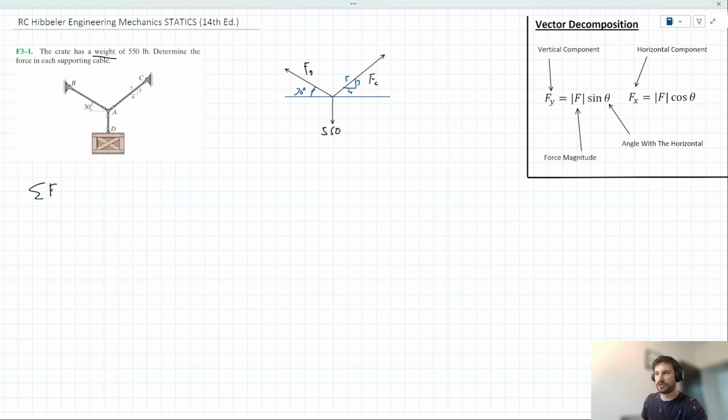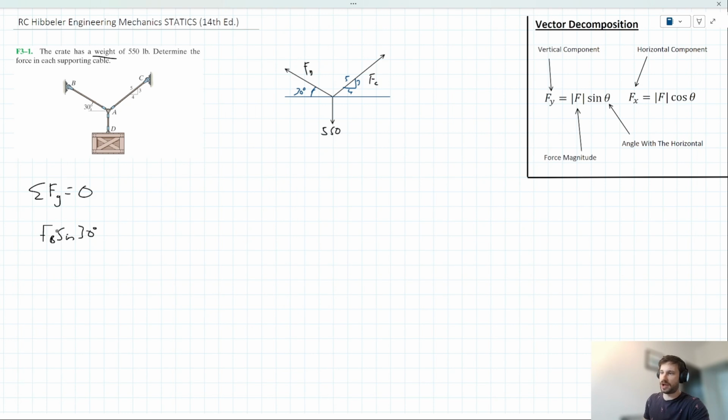We can start off by resolving vertically. The sum of the forces acting in the y direction is equal to 0, or in other words, the forces acting up are equal to the forces acting down. What do we have acting up? We've got the vertical component of FB, which we can describe as FB sine 30.